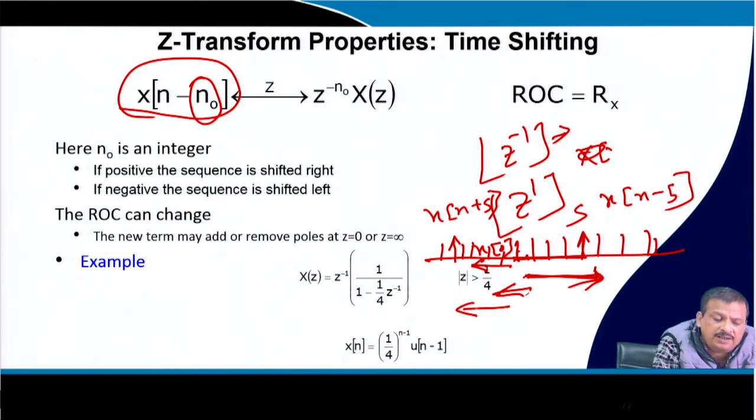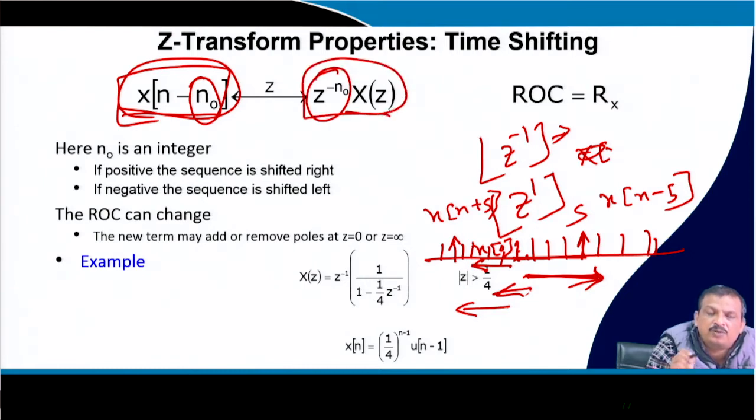Now I can prove it. The Z transform of x(n minus n0) is z to the power minus n0 into X(z). How do I prove it?